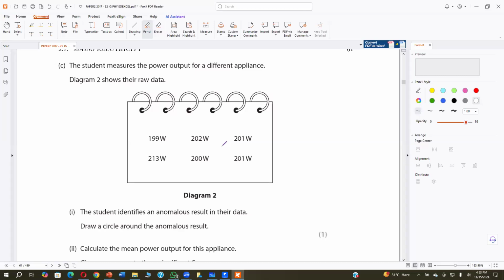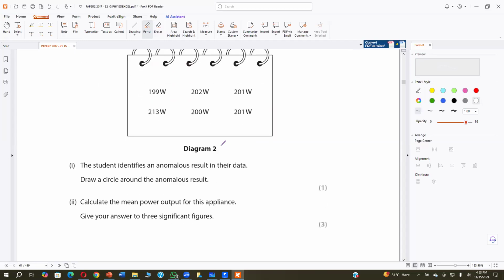For a different appliance: 199, 202, 201, 200, 201. Which number is looking a bit away from the average? 213. Hmm.